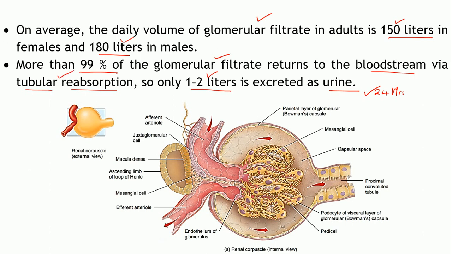That is the reason why you do not lose all your important ionic contents. Otherwise, what would happen if this process was not there? Urine output would have been very huge, right? And what would happen to the water and the solutes? They would get excreted out in the urine, right?